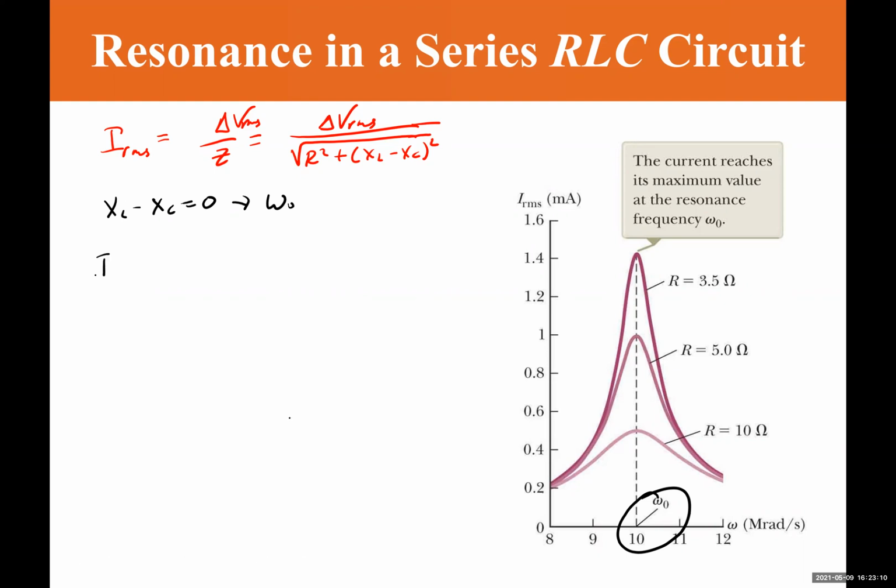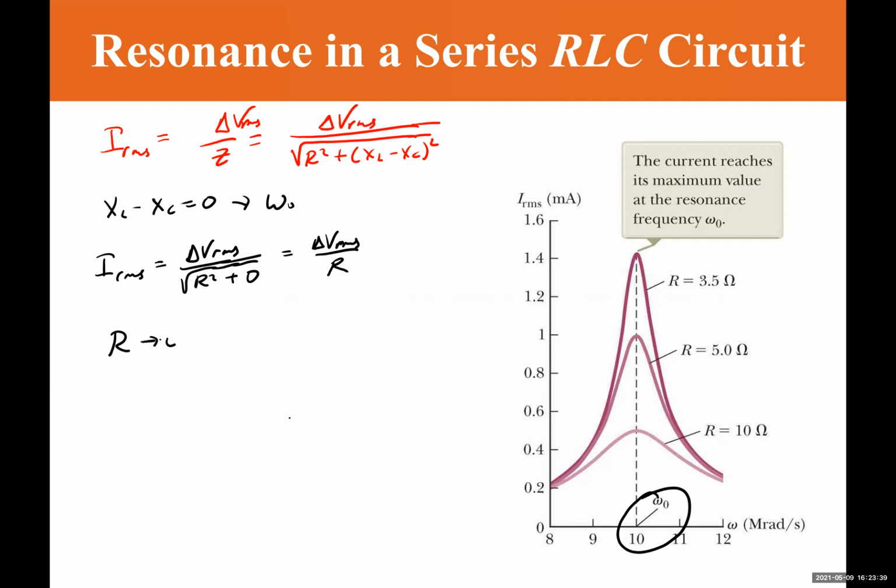That means my current here, I RMS, is equal to delta V RMS over the square root of R squared plus 0, so this is just delta V RMS over R. That means the current right now only depends on the resistance at this particular frequency.